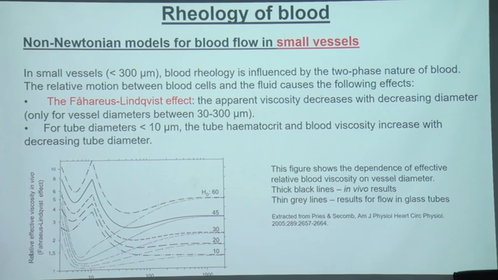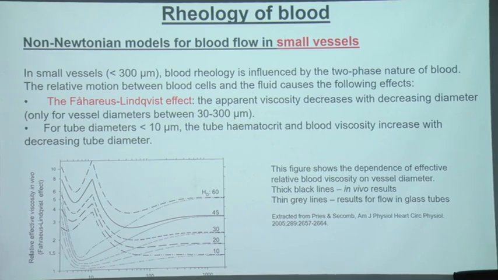For very, very small vessels, smaller than 30 microns, the behavior is even more complex. The reason is that the red blood cells, with an approximate diameter of 8 microns, are relatively large compared to the tube diameter, which is quite significant if you look at vessel diameters of around 20 or 30 microns.